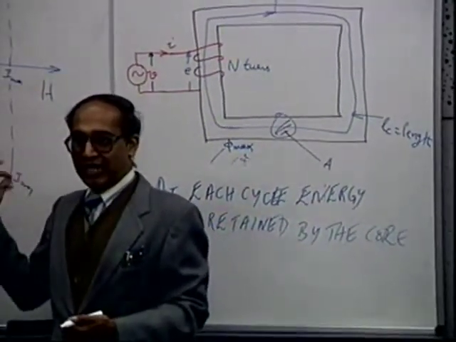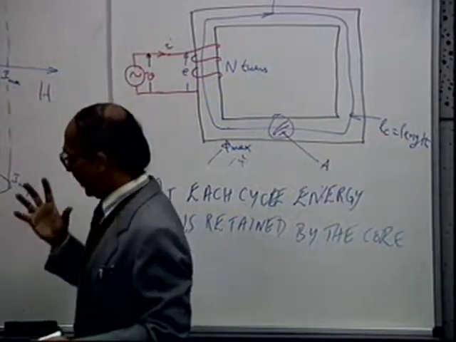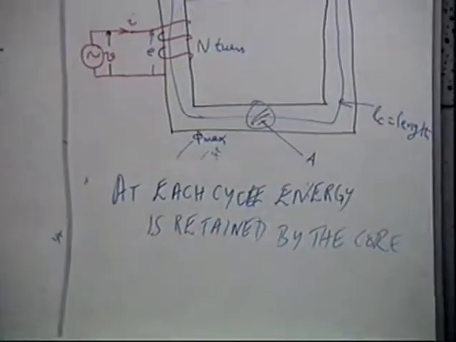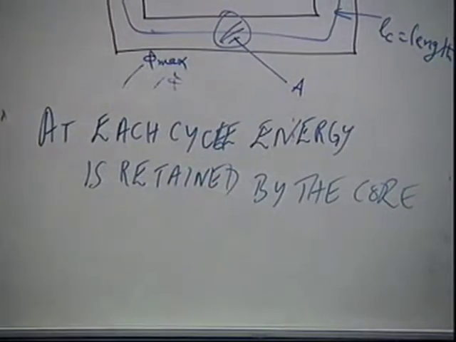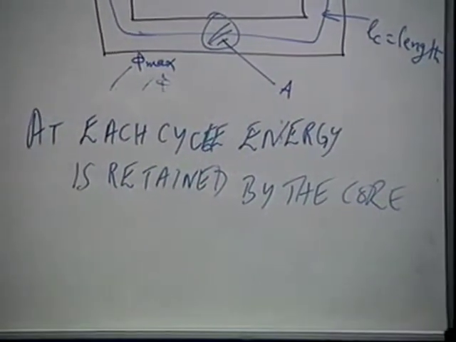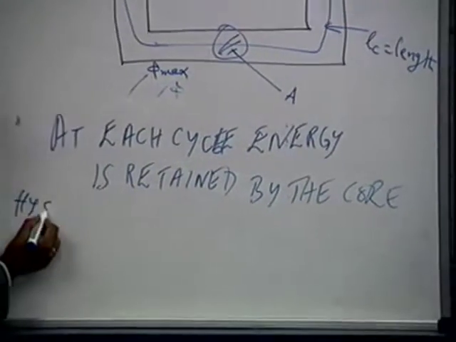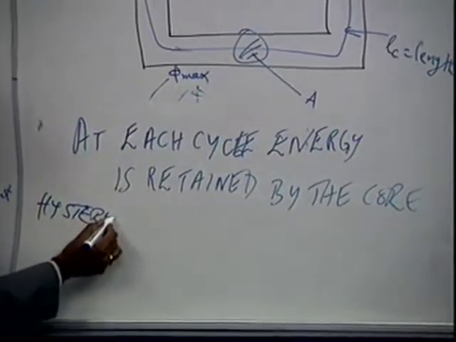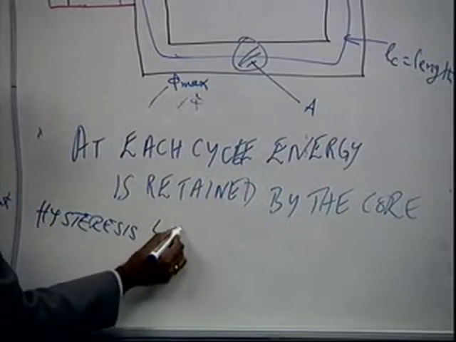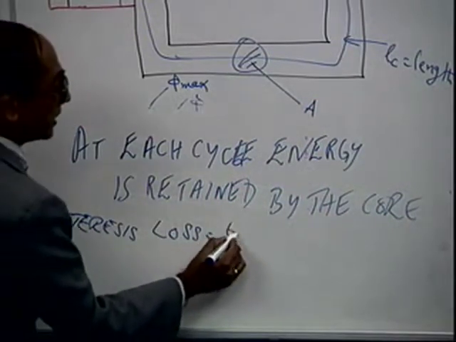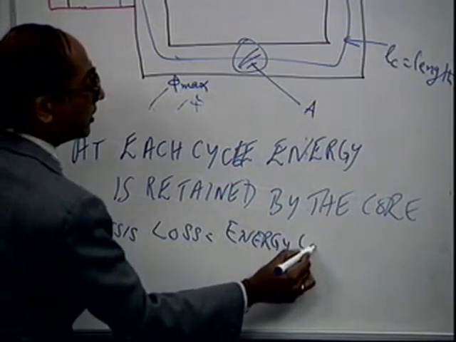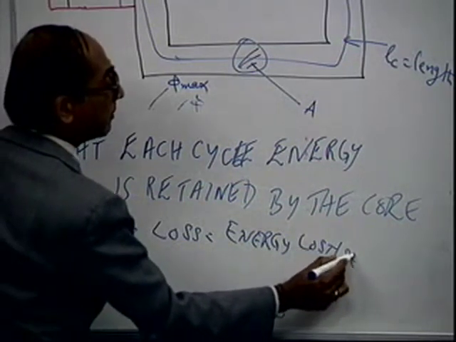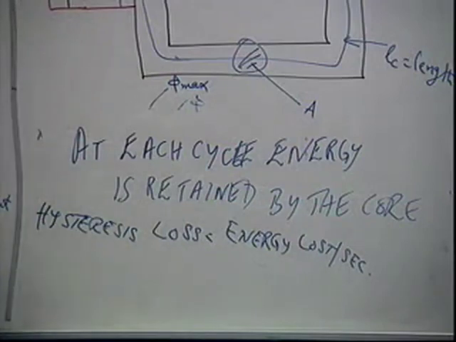That energy retained per second is called, what do you call this? Hysteresis loss. So we define hysteresis loss as the energy lost per second. That means it is not returning to the source.